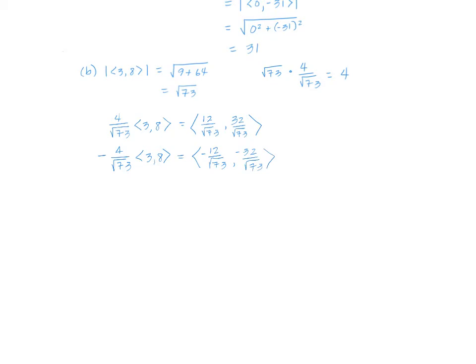They both say the same thing. And in fact, if I wanted to, I could just write this as plus or minus 4 over the square root of 73 times 3, 8. Now you can go ahead and figure out the magnitude of these two vectors, and you'll see that they do have length 4.